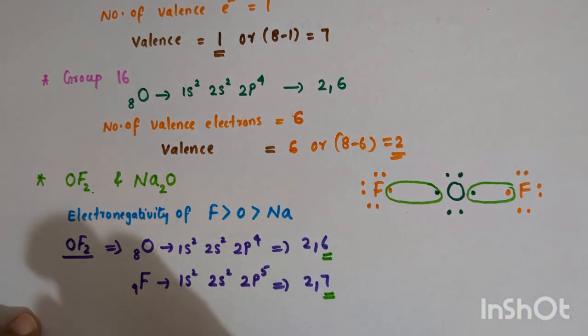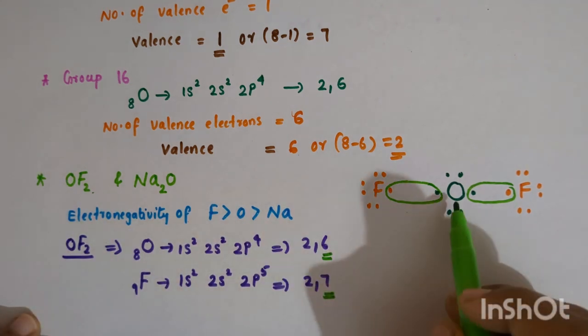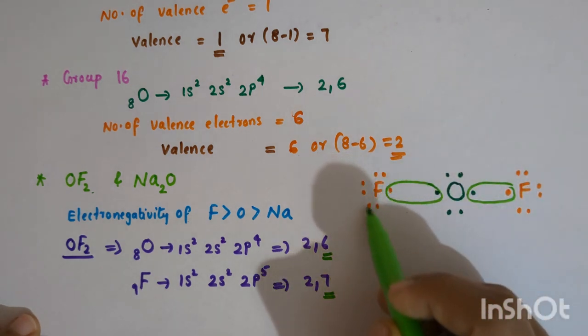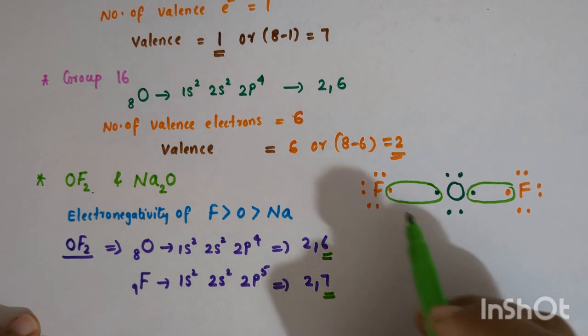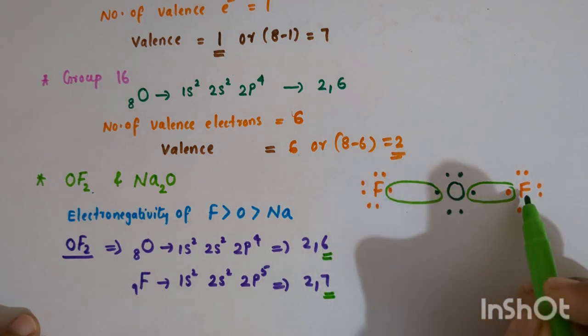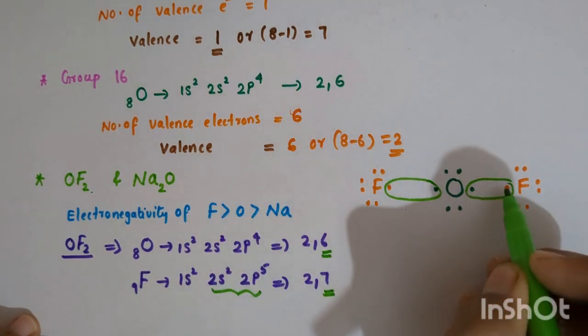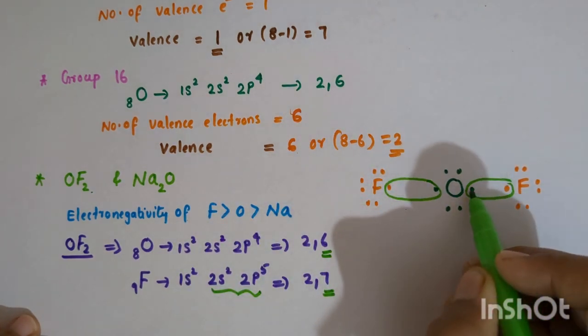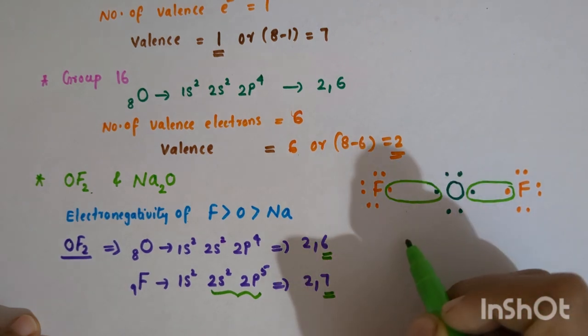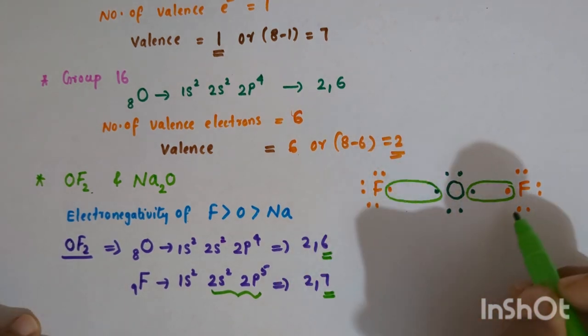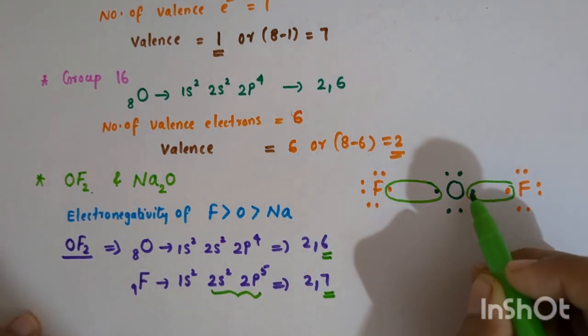In the OF2 molecule, each fluorine atom, with outer electronic configuration 2s2 2p5, shares 1 electron with oxygen.